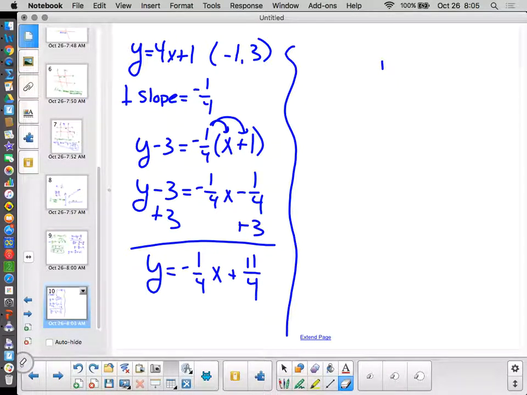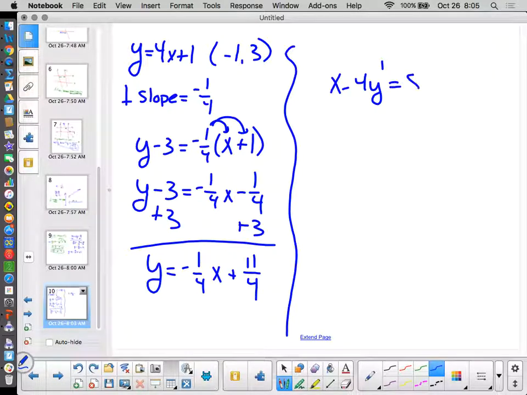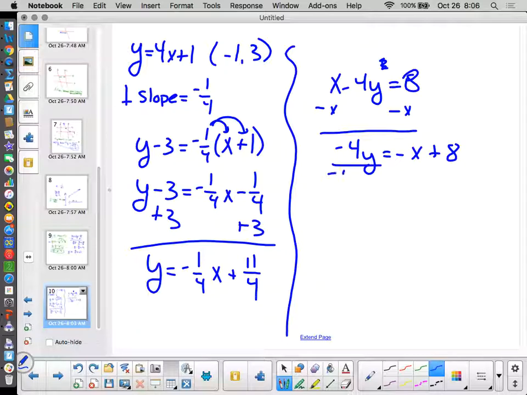Let's look at number 21. x minus 4y equals 8. Okay, it's supposed to be an 8. There we go. Solve it for y, so subtract the x. Negative 4y equals negative x plus 8. Divide by negative 4.